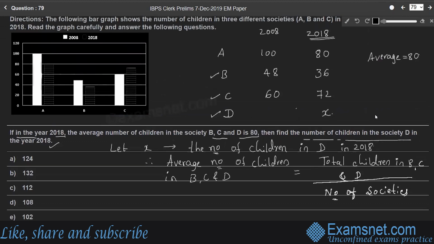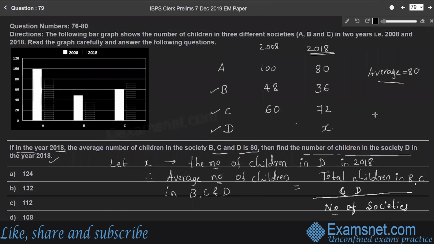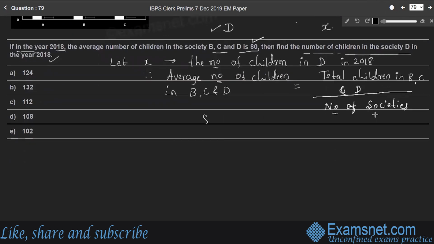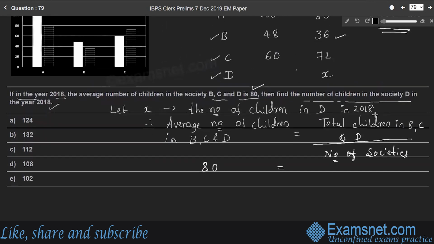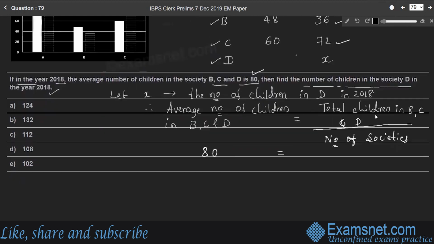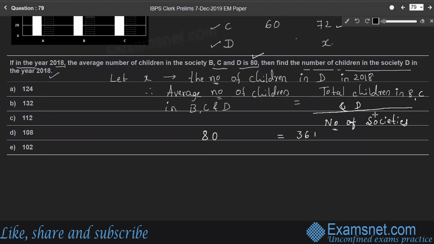Here it is given that the average number of children in B, C and D is 80. So 80 is equal to the total number of children in B, C and D together. B has 36, C has 72 children. So 36 plus 72, and D has X number of children. The number of societies is 3 here.